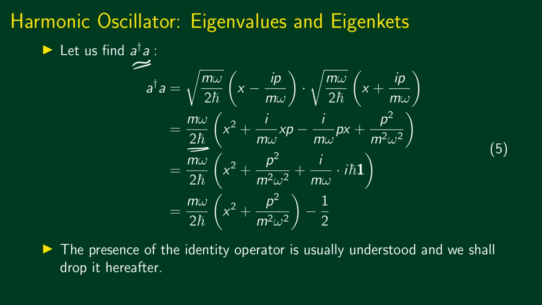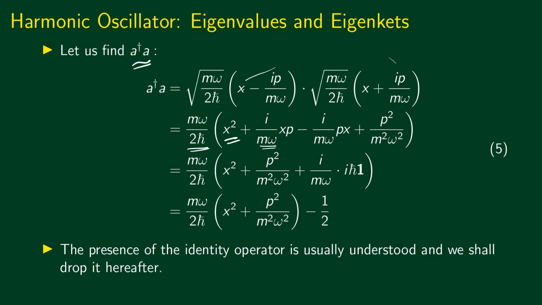The first term would be x multiplied by x, that is x square. The second term would be x multiplied by ip divided by m omega, which we write as i divided by m omega multiplied by xp. i, m, omega are not operators, so we can pull them out. These are numbers, and numbers commute with operators, so we can write x multiplied by ip divided by m omega as i divided by m omega multiplied by xp. Remember that this order cannot be changed because these are operators.